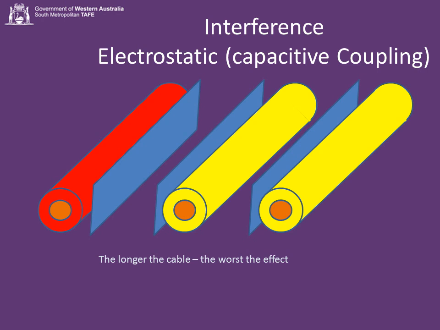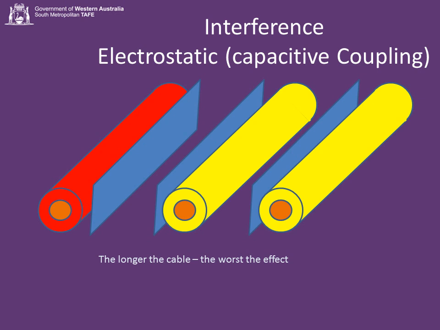Another type of interference is called capacitive coupling. This is because the cores inside our cables are copper, they're conductors, and they're separated by insulators. Now, conductors separated by insulators, that's a capacitor.